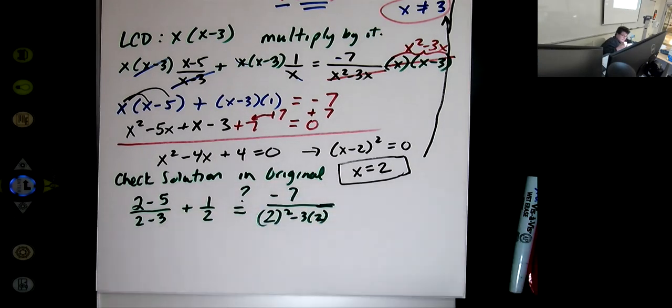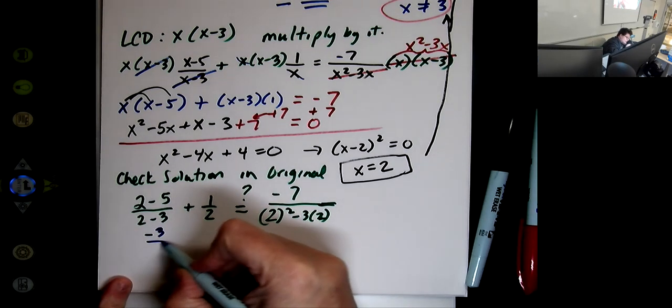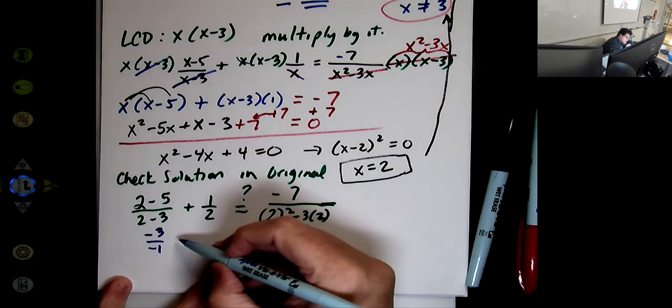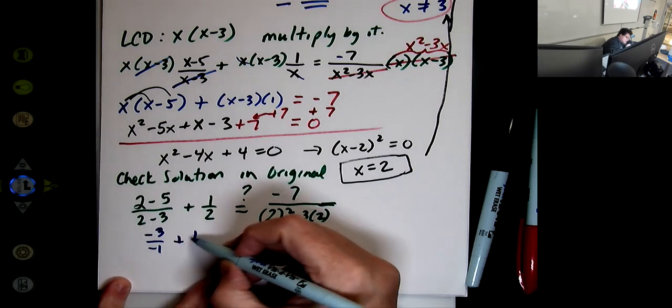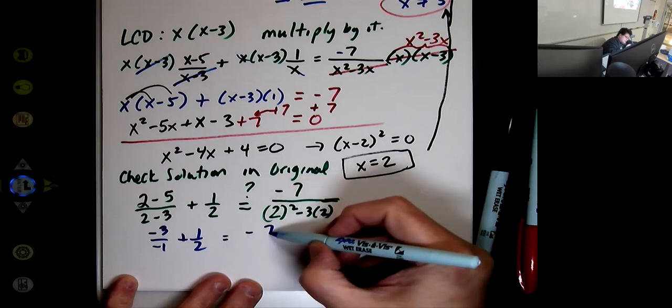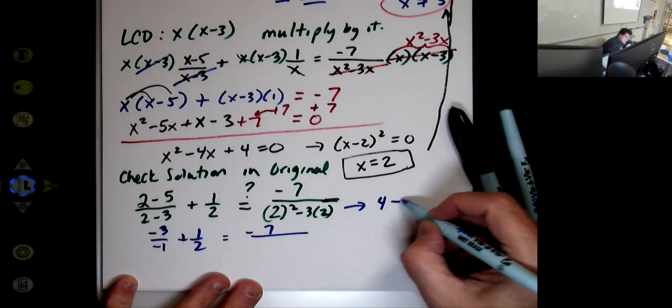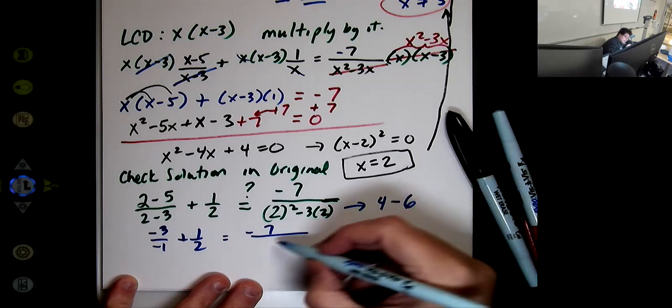Here on the left side, I've got 2 minus 5 is -3. 2 minus 3 is -1. Plus 1/2. On the right side, if I clean up the bottom, I've got 4 minus 6, which is -2.